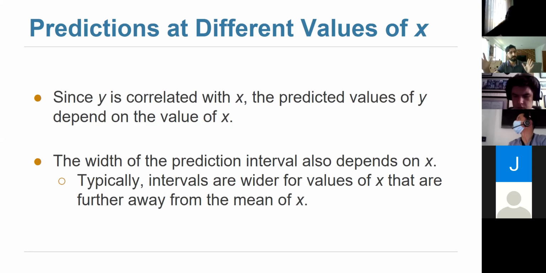Because the farther you get from the mean of your data, the less data you have, and the prediction would be wider. For example, based on 330 gestational days, my prediction would be way wider than for 280 days in that example, because 280 is closer to the mean of the data.